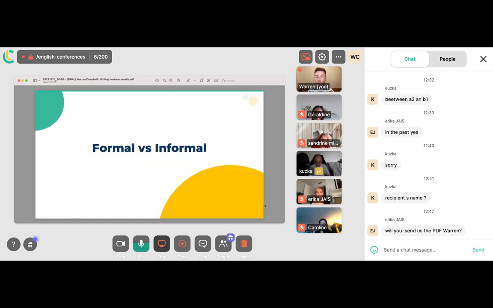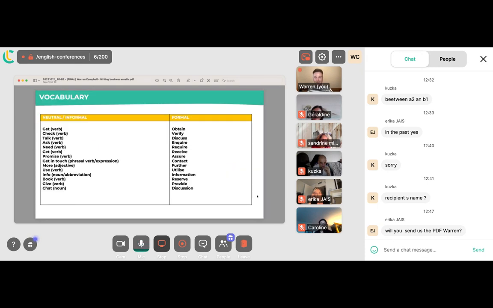Now, formal versus informal. Okay. Now, with this here, let me just explain a little bit about this before we take a look at the differences. When we write professional emails, whether it be for our boss or our client, whatever it might be, we want to make a good impression, right?